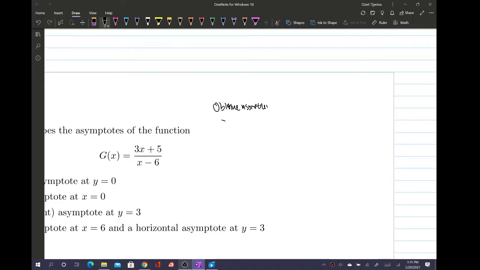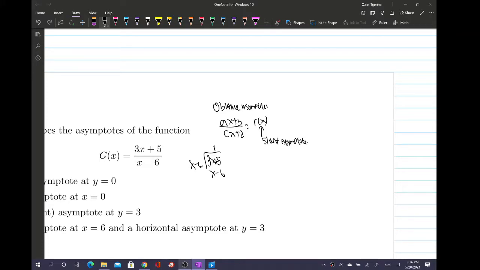That is when ax plus b over cx plus d is equal to a remainder r of x, and that remainder is your slant asymptote. That is if it does have a remainder. So if we do 3x plus 5 divided by x minus 6, we would do times 1, right?